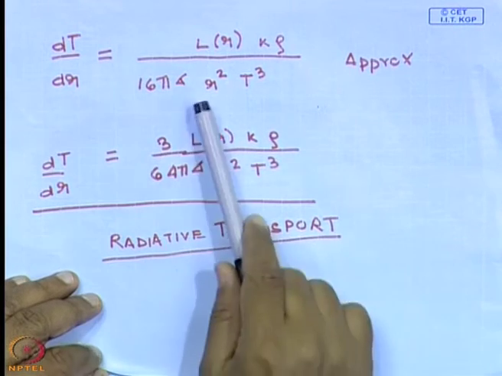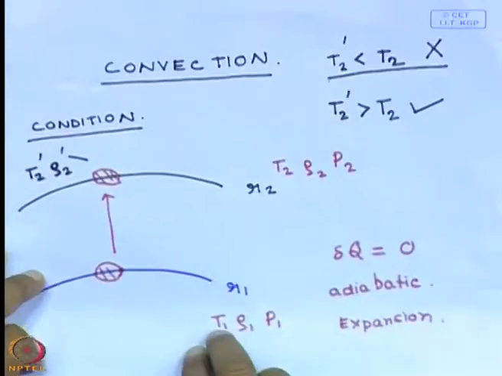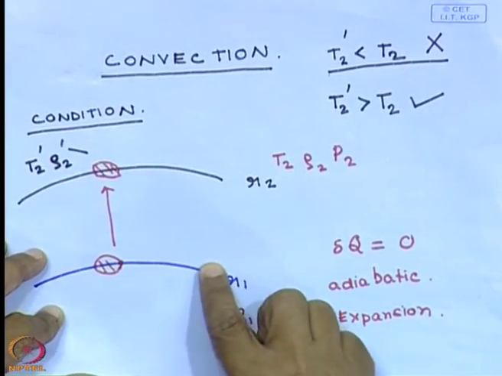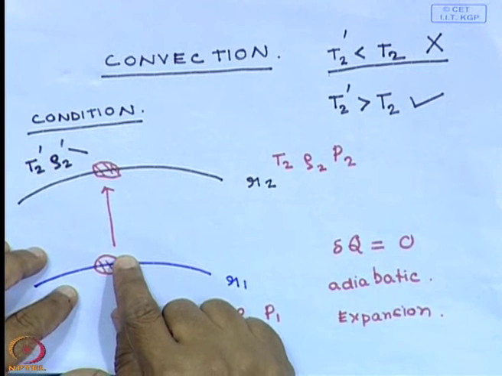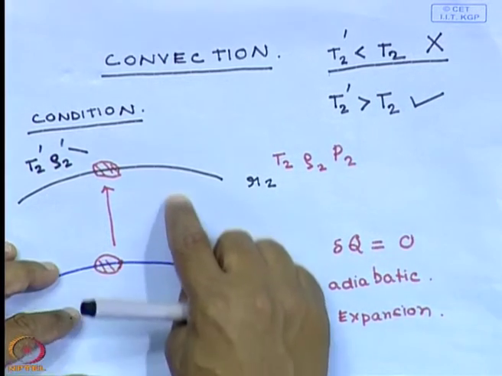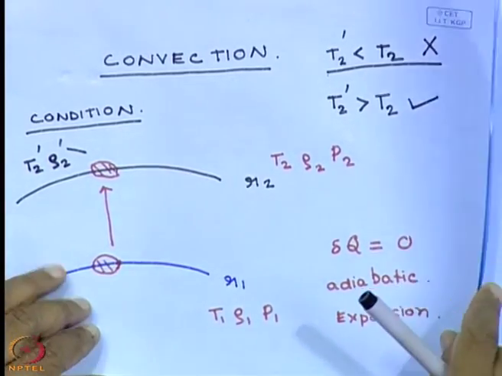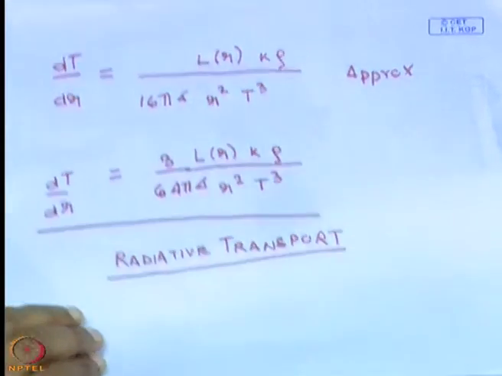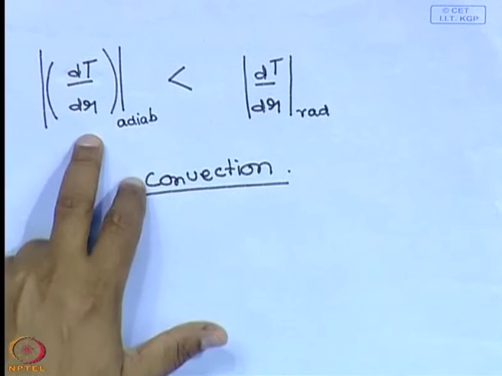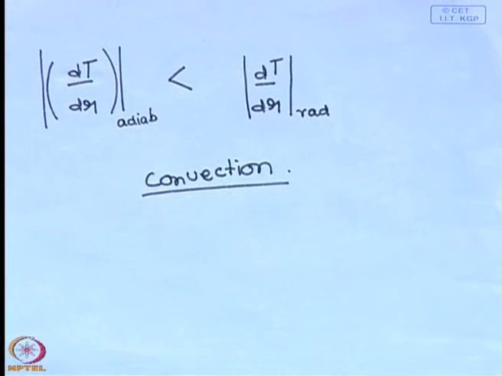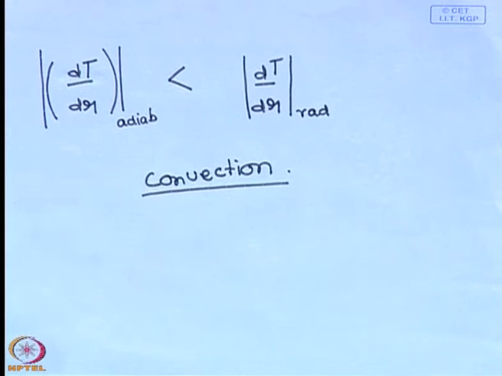So, what happens is that if the luminosity at this point becomes so large that the required temperature gradient exceeds the adiabatic value, the temperature gradient due to adiabatic expansion, then you have convection setting in.